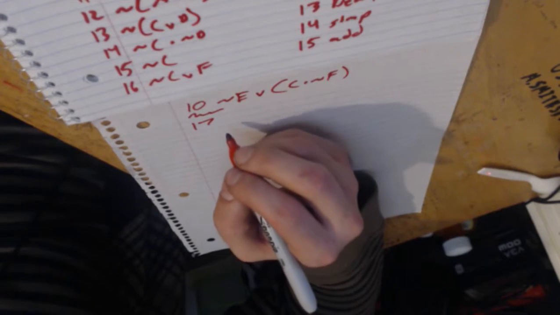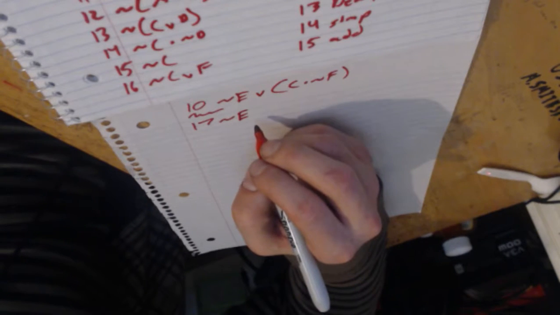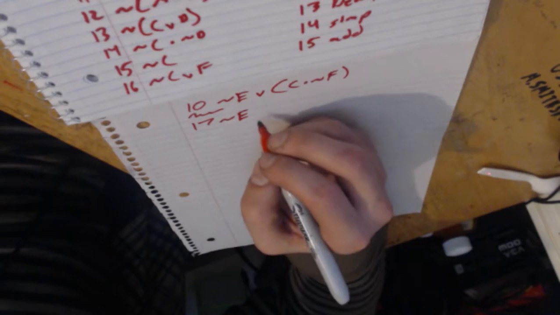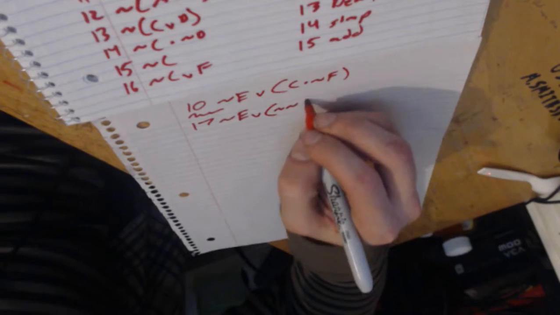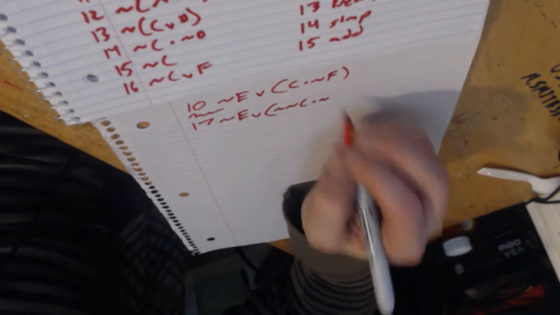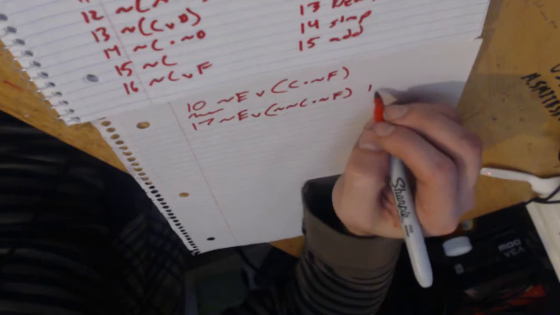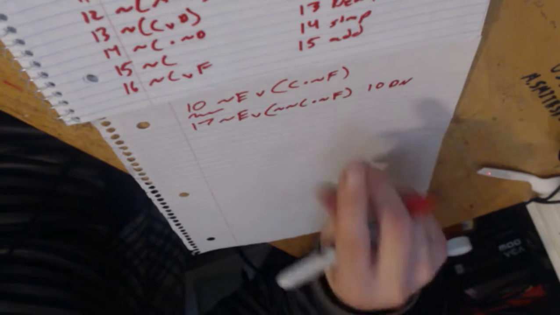For line 17, we're going to keep the not E the same. But now what we're going to do is double negate the C. Just the C. Let's go ahead and double negate that C. Keep the not F the same. And that was a double negation to line 10.